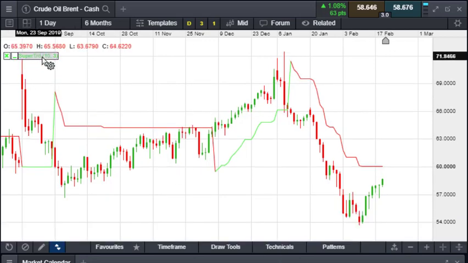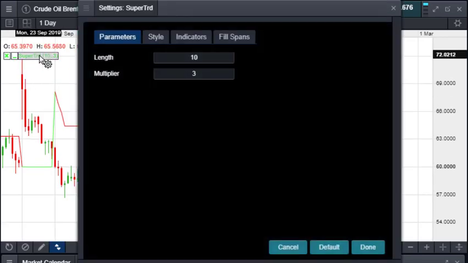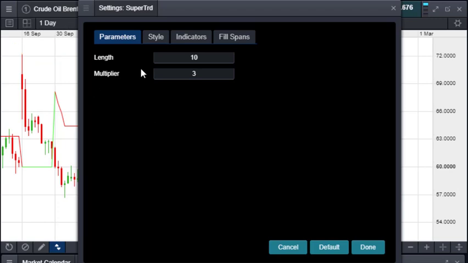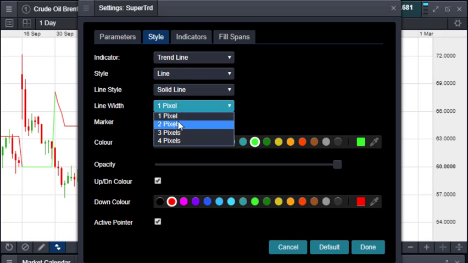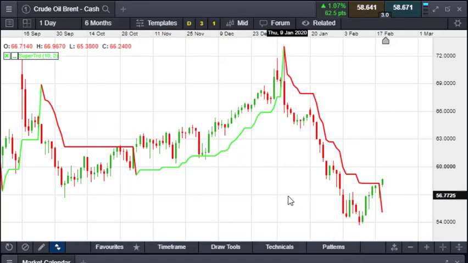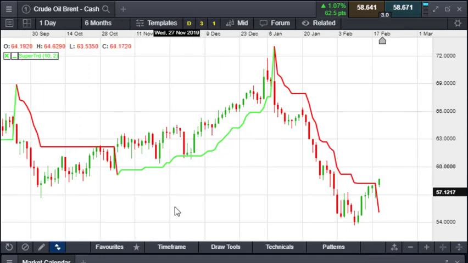Here the default setting is 10 and 3. For commodities, I need to adjust the multiplier to 2. And of course, you can even put 2.5 or 2.3, whatever you want for customization. In the style, I want it to be more obvious, so I can change the line width to 2, and done. So the SuperTrend has appeared here.